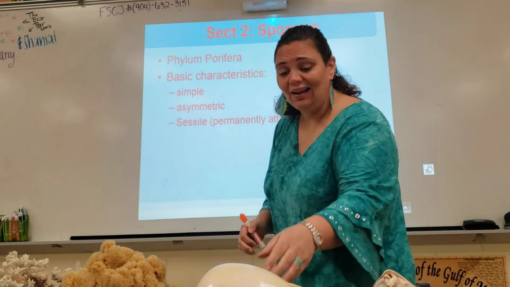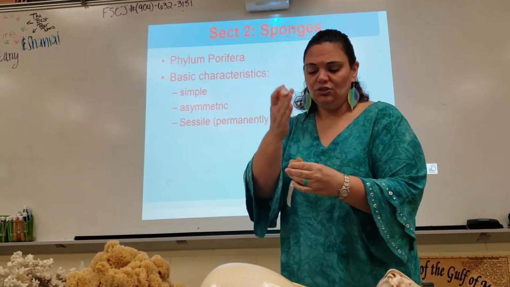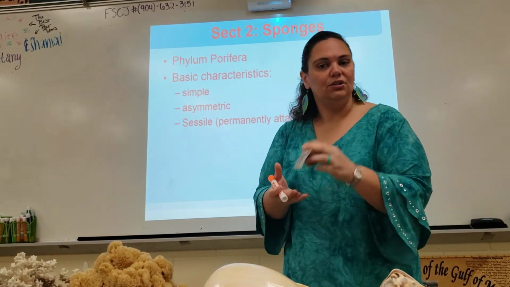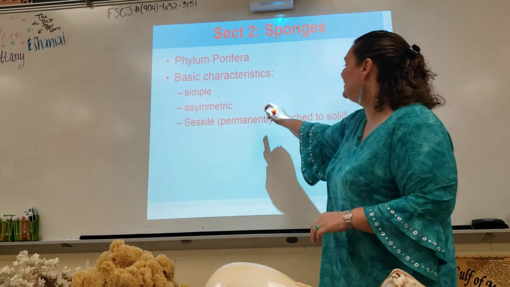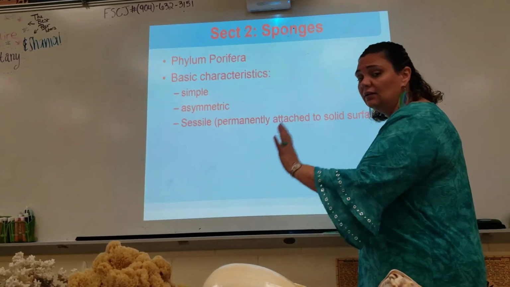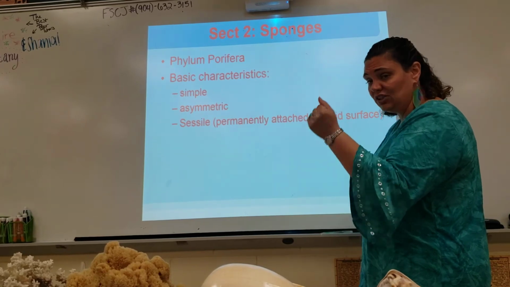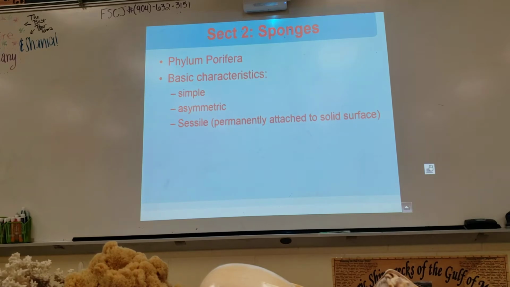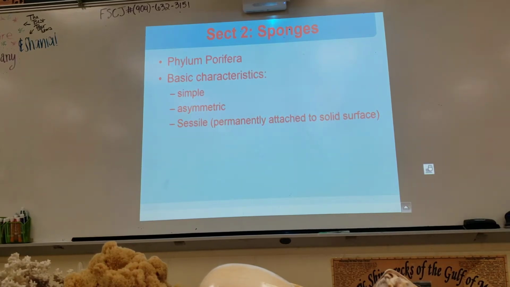That means you cannot cut them and get 2 perfect halves. No matter what you do, you're not going to get 2 perfect halves. Very simplistic form, a very early evolutionary branching. Sessile, permanently attached to a solid surface. Non-moving, remember, sessile, stationary, stay in place.